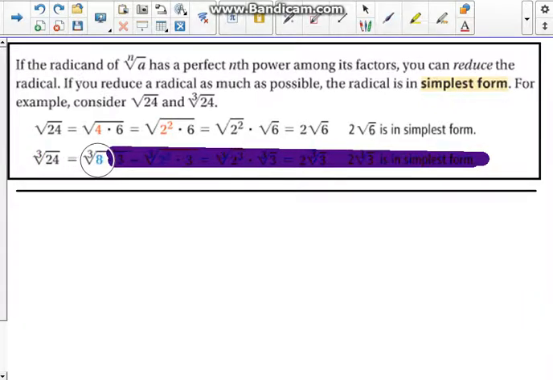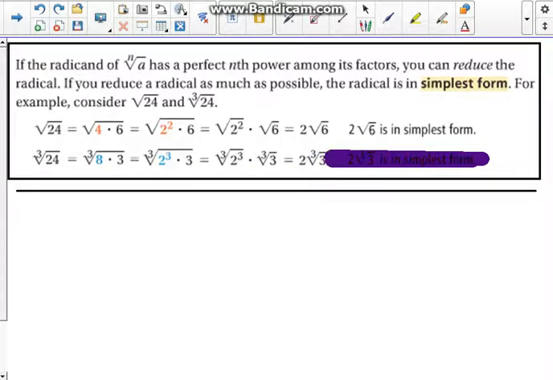We know that 8 is a perfect cube of 2, and it's a factor of 24, so we'll use it. 8 times 3 is equal to the cube root of 2 cubed times 3, and then split them up: the cube root of 2 cubed times the cube root of 3, and we can clear that out. The cube root of 2 cubed is 2, and we leave the cube root of 3, so 2 cube root of 3 is our answer.